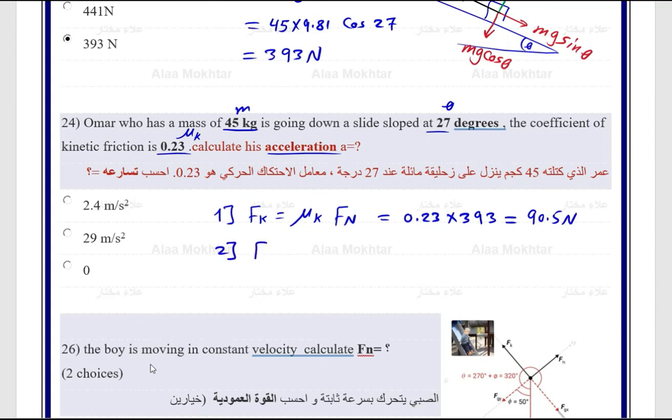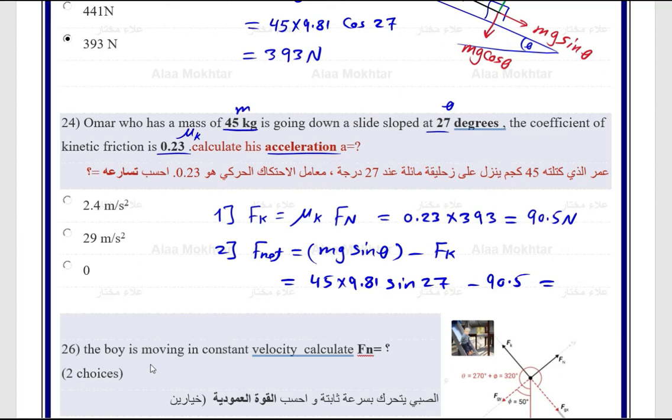The second step, F net equals mg sine theta minus Fk. mg sine theta minus what? Minus Fk. m is 45, g is 9.81, sine 27 minus 90.5.